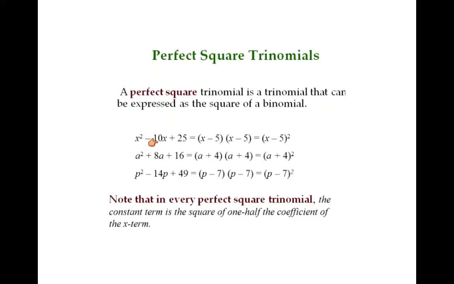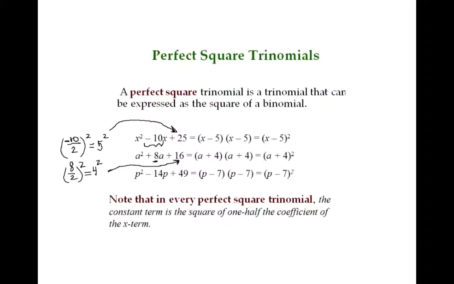So if I take the coefficient of x, negative 10, and divide it by 2, find half of that, and then square it, what do I get? 25, right? As the second one, if I take the coefficient of a and divide it by 2, find half of that, and square it, what do I get? 4 squared, which is equal to 16.